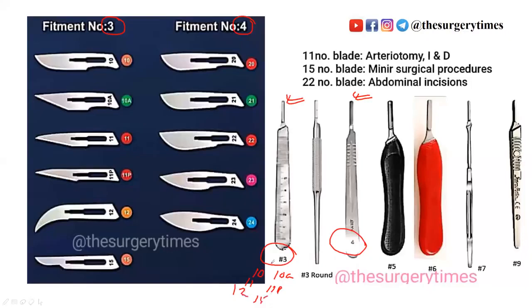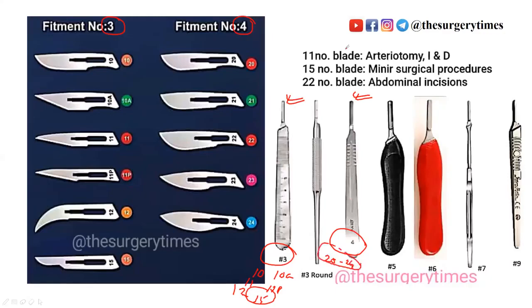Remember this. So 10, 11, 12 and 15 are attached to the 3, whereas 4 takes 20, 21, 22, 23, 24. Okay, 20 to 24 is attached here.